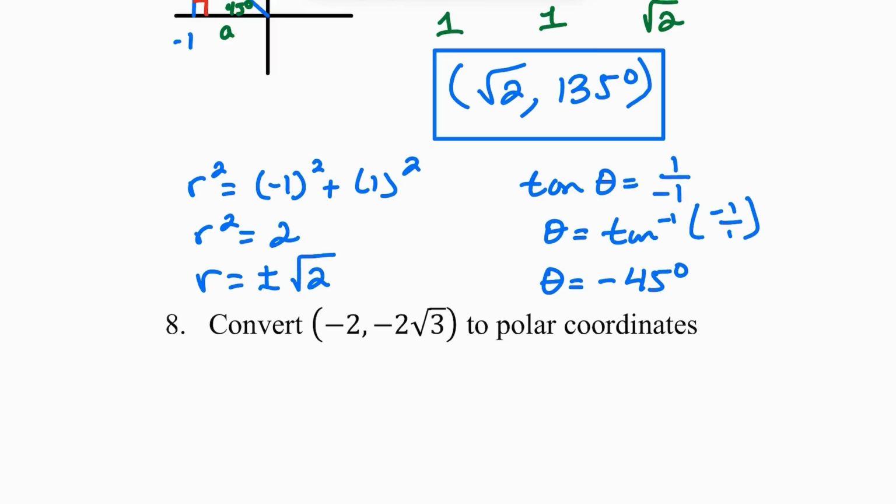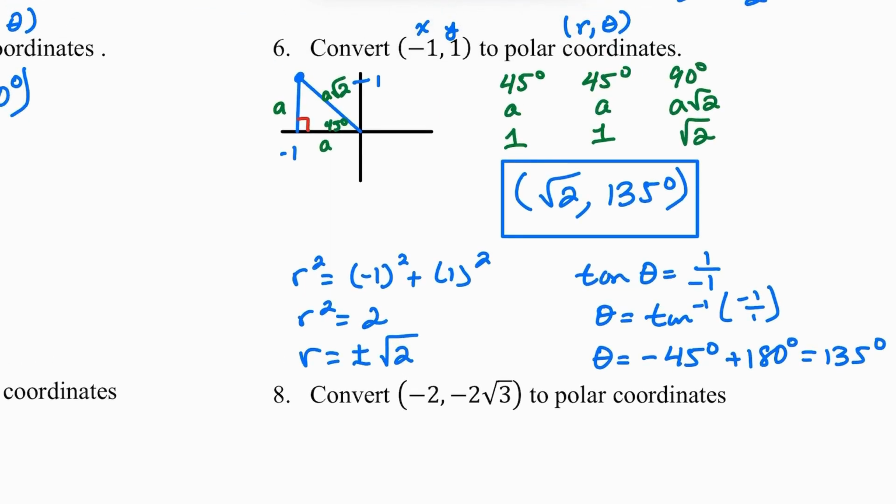Negative 45 degrees is not 135, but if you add 180 to it, like we usually do because this point is in quadrant 2, you get 135. Or again, there are 3 other ways of writing the exact same point. So you choose what method you use. I like to enforce the special right triangles because it doesn't require you to memorize things from the unit circle. You have the special right triangles.